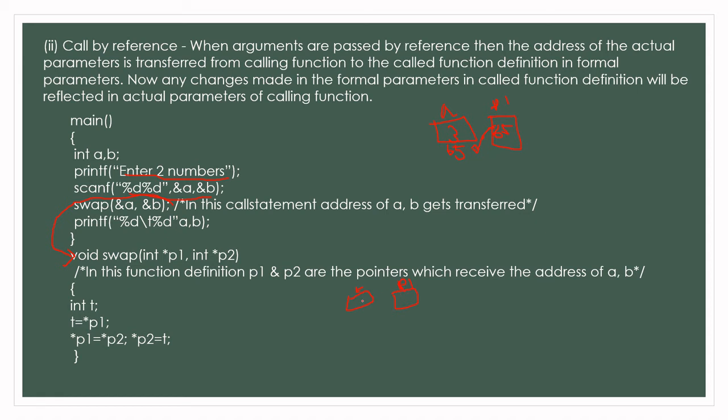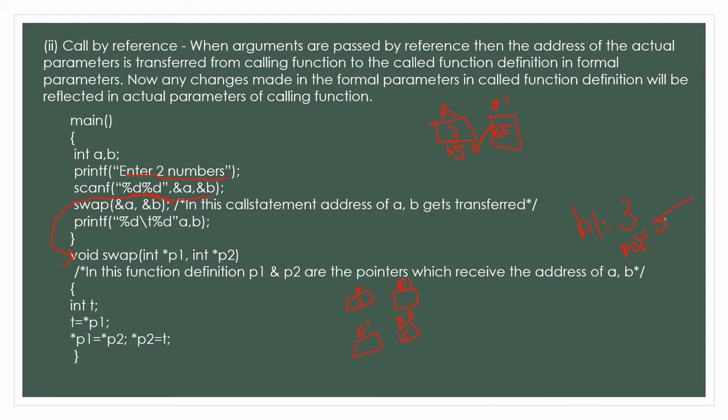This value 3 is assigned over here, so temp contains 3, and there is another variable, p2. So the value of p2, let's assume 5. So initially we'll assume that star p1 is equal to 3 and star p2 is equal to 5.